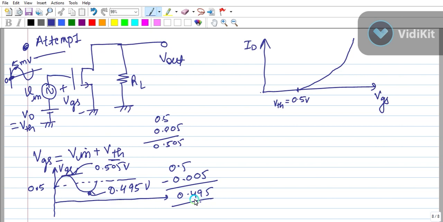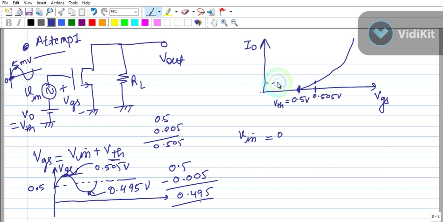So when V in is equal to 0, that time the MOSFET will be on the boundary. When VGS is equal to 0.505 volt, how much current will be there?